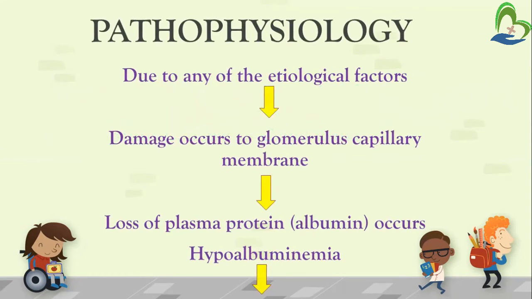Moving on to the pathophysiology. Due to any etiological factors, damage occurs to the glomerular capillary membrane, and due to that there is loss of plasma protein, that is albumin. Due to that, hypoalbuminemia occurs.